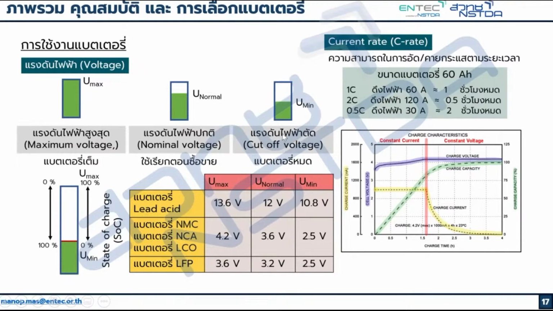Cutoff voltage means the battery is at a very low level. Normally, a 12-volt battery, when fully charged, will be up to about 13.6 volt, and the battery will run out at 10.8 volt.